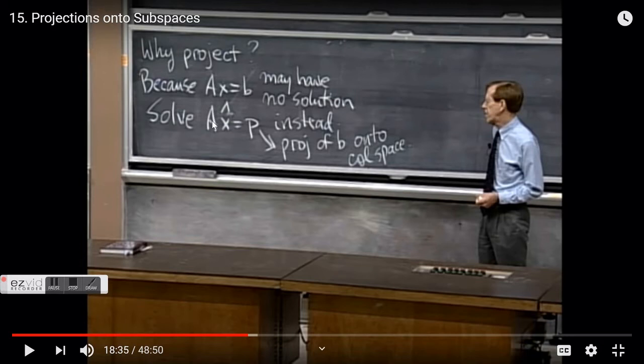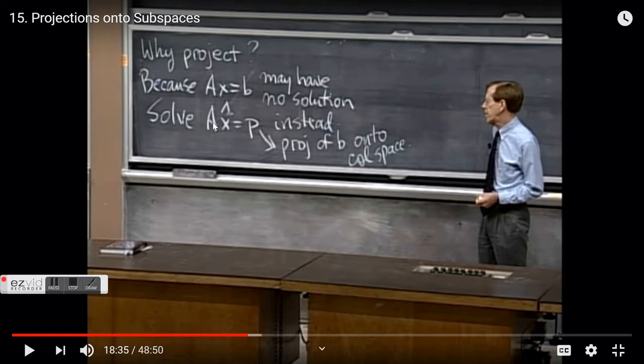We can find this X hat because P belongs to the column space of A, whereas B does not belong to it. So this system doesn't have a solution, however, this system does have a solution. Now, how to find P? P is the projection of B onto the column space of A.